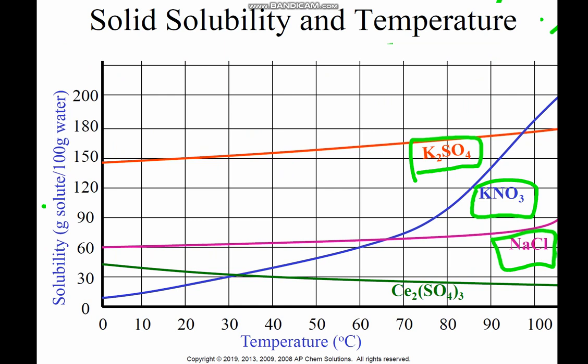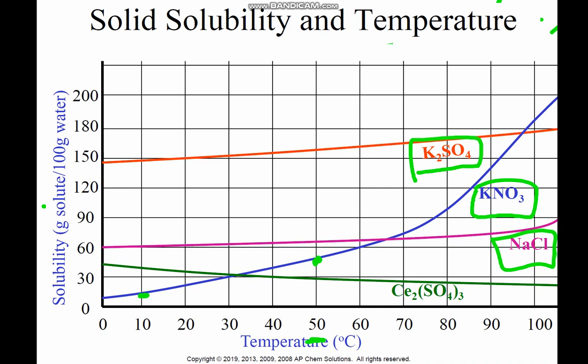So for example, we'll look at potassium nitrate since that curve is the most dramatic. At 10 degrees, I can dissolve, it looks like about 12 grams of solute, which means potassium nitrate, per 100 grams of water. If I move up to maybe 50 degrees, I can dissolve about 50 grams.